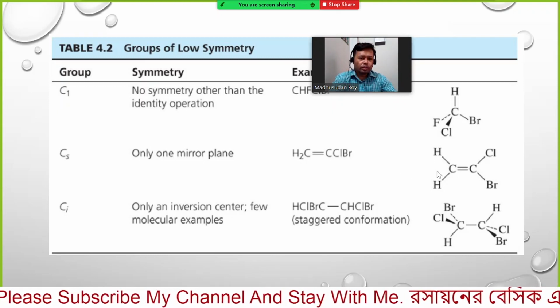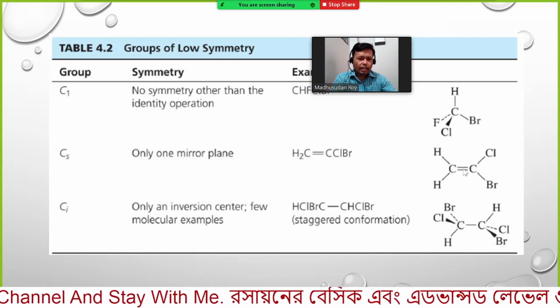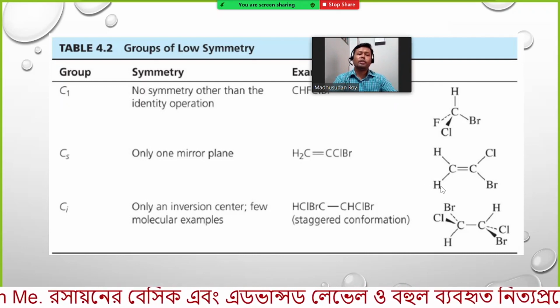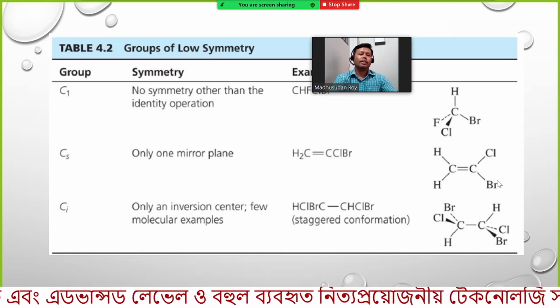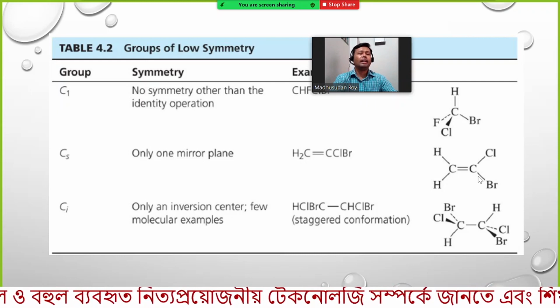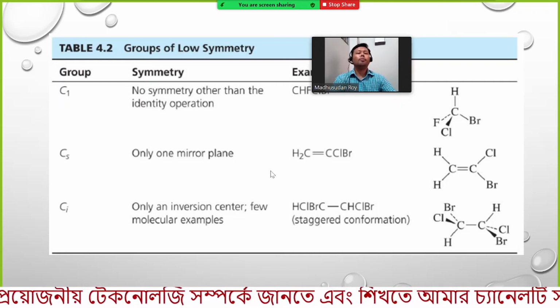If you put the mirror or axis through this carbon carbon, this hydrogen and this hydrogen are similar. However, this bromine and this chlorine are not similar. Therefore, these types of molecule do not have any other symmetry operation except one mirror plane.